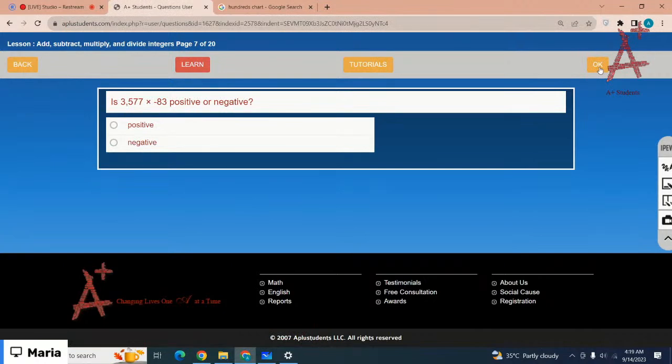Is 3,577 times negative 83 positive or negative? You are multiplying a positive number and a negative number, right? So the answer must be negative.